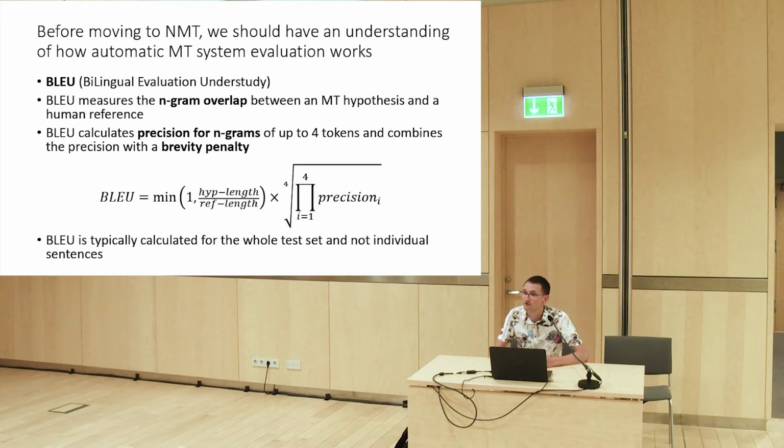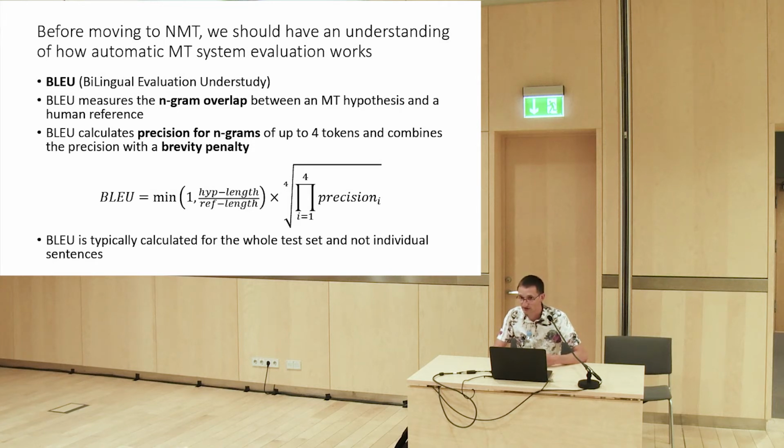with human judgments. So the method is called BLEU, Bilingual Evaluation Understudy. What BLEU does is it measures the n-gram overlap between an MT hypothesis, a translation produced by a machine translation system, and a human reference. When we evaluate machine translation systems, we always have a test set.